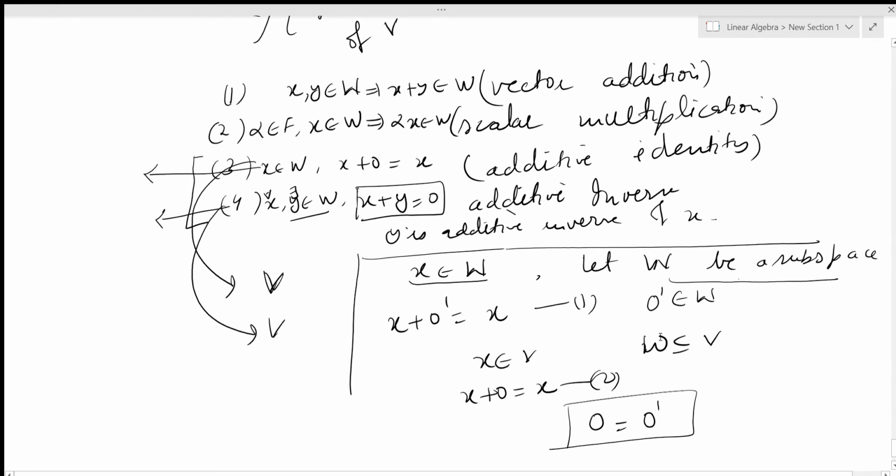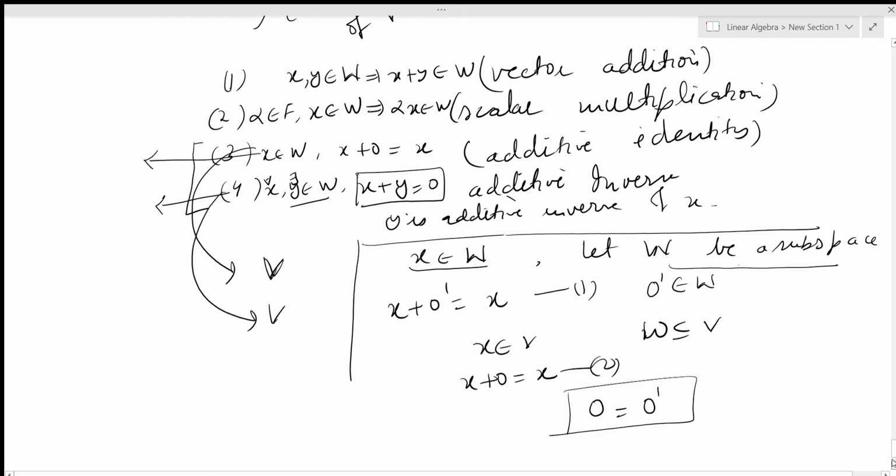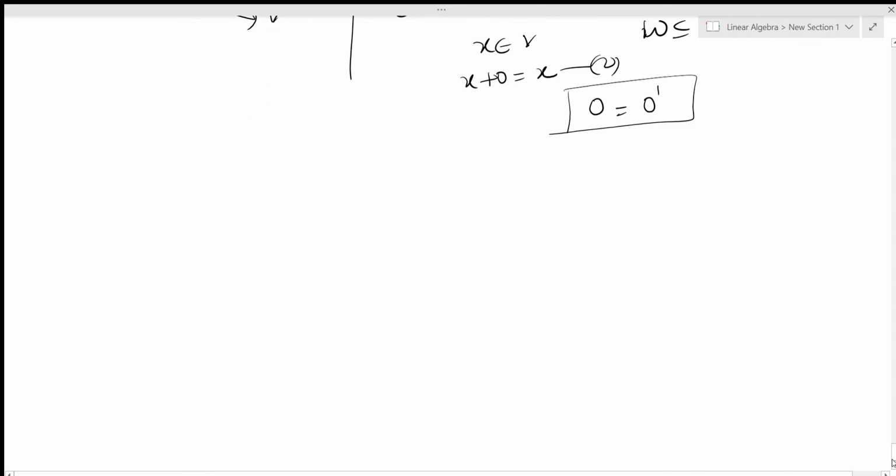So now there is a theorem based on that. Let's prove that. Now just write down the statement first.